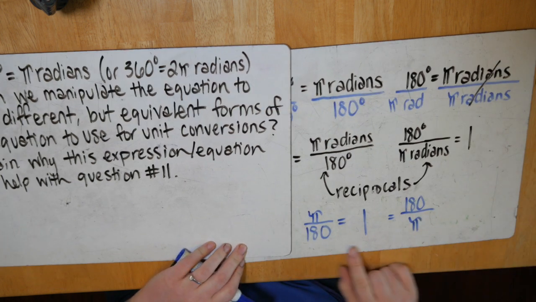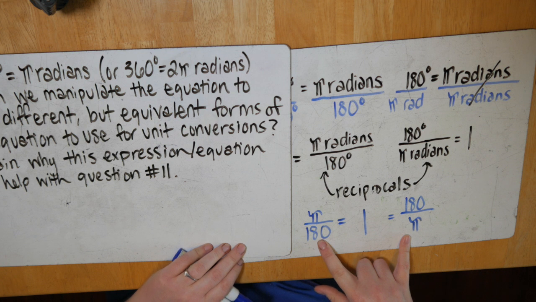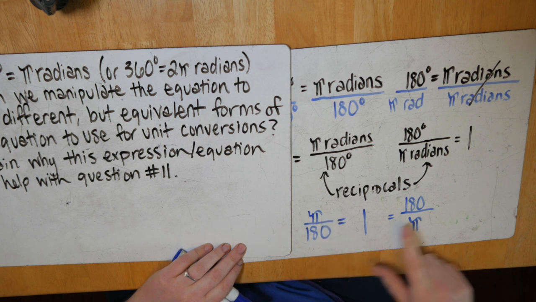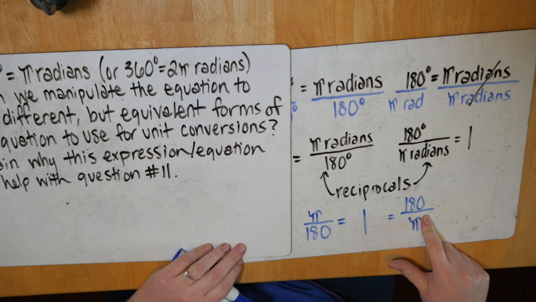And that will help you choose which version of the reciprocal you want to use based on how we multiply fractions together. Do you want to introduce radians in the numerator and divide out degrees in the denominator? Or do you want to introduce degrees in the numerator and divide out radians in the denominator?